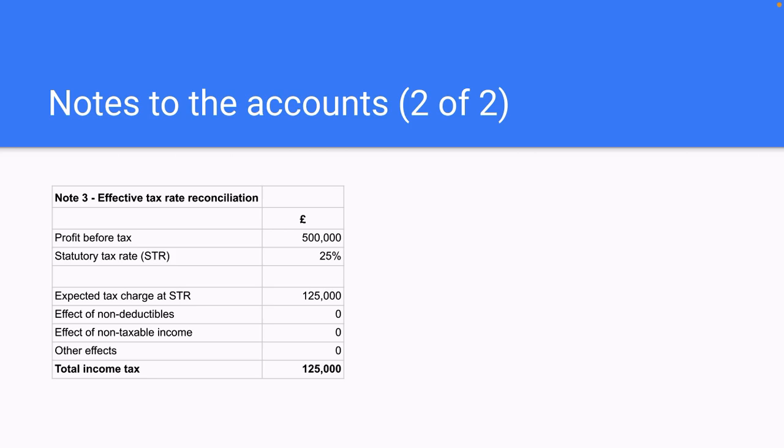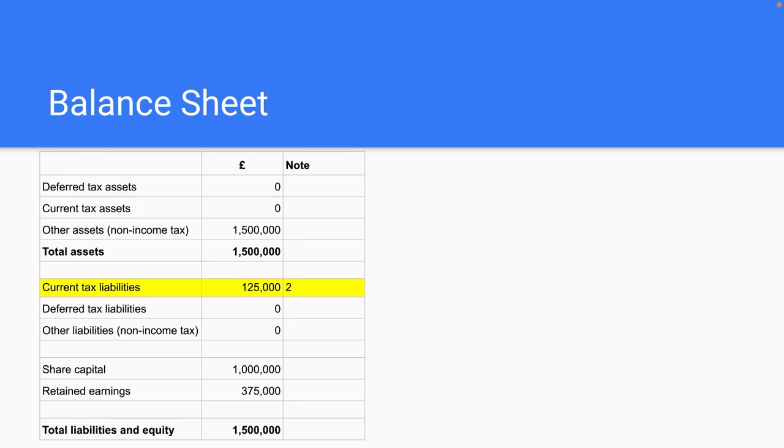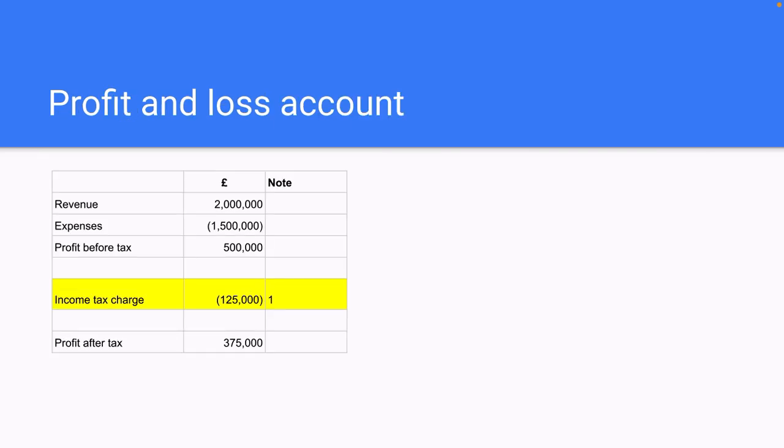So in the next video that will follow this, I'm going to explain what income tax is. What do you need to look at to be able to determine whether a tax is an income tax or not? Because once we're able to determine what an income tax is, we can then account for it through this mechanism. When a tax is an income tax, you need to put that tax in the tax line, and the tax line is the line between your profit before tax and profit after tax.